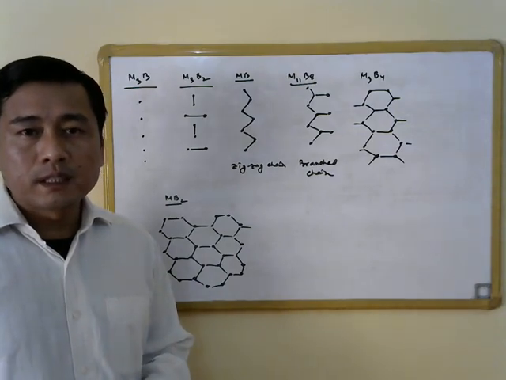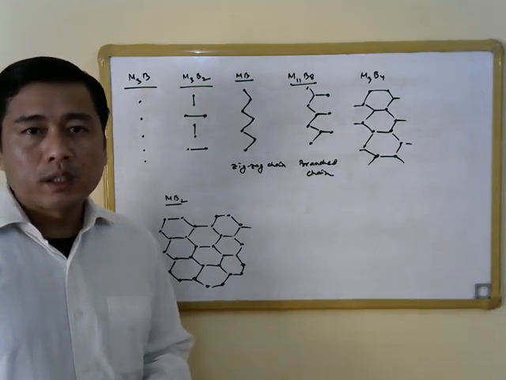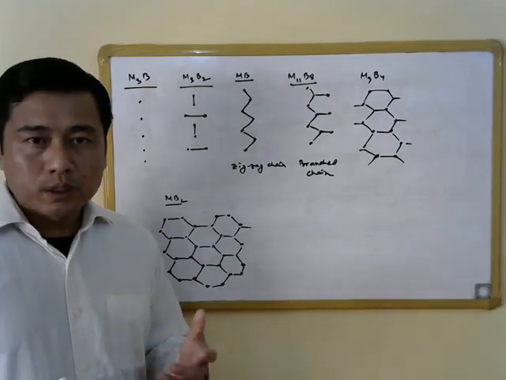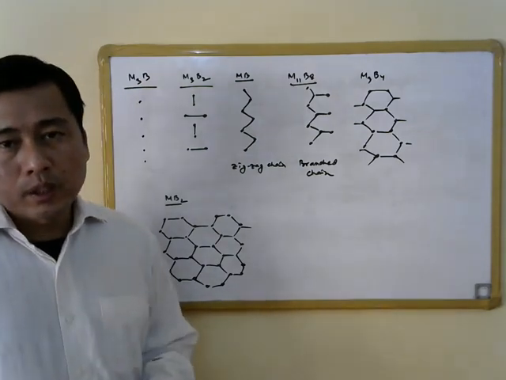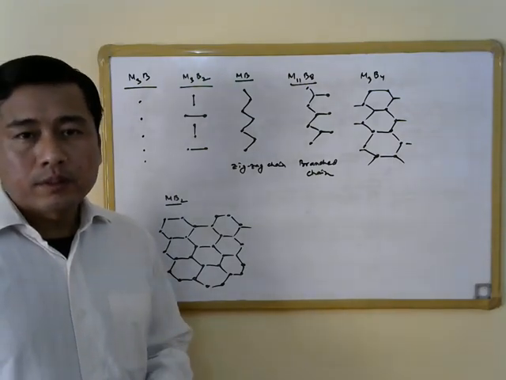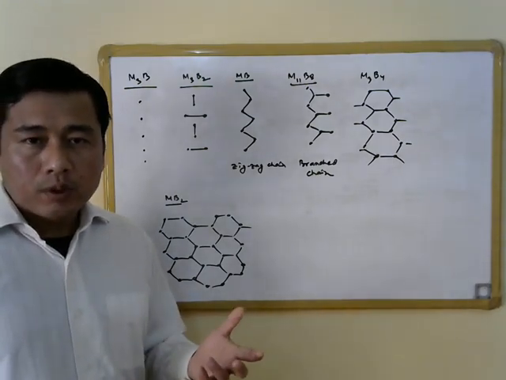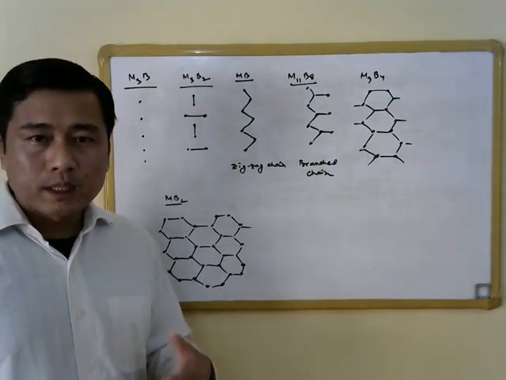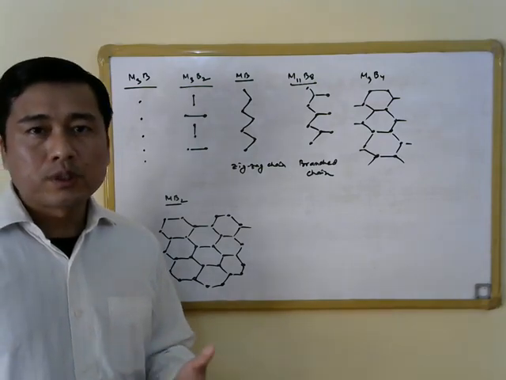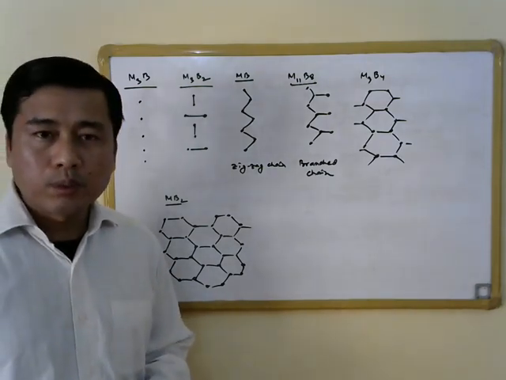So the number 1 is the metal borides. Second one is compounds of boron with carbon and hydrogen, so that is borane or carborane or metallocarboranes or metalloboranes. Then we have discussed another class of compound formed by boron, that is boron trihalides. We know about boron trihalides already. That is BF3, BCl3, BBr3, these kind of compounds.